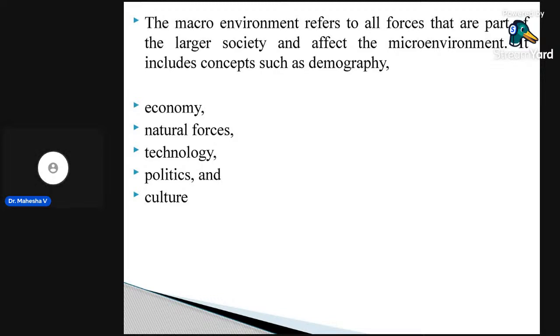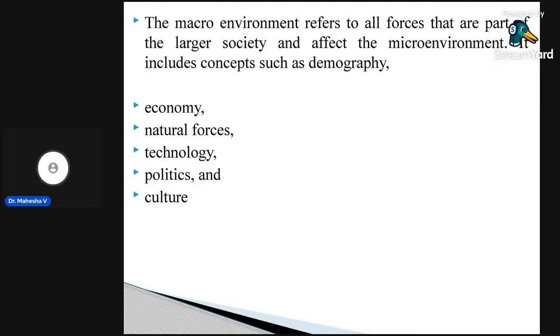The demographical factors, which may also be called the population explosion, speak about your demography. Increasing population demands increased supply of your goods and services.